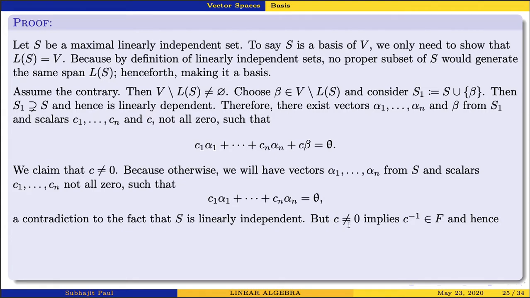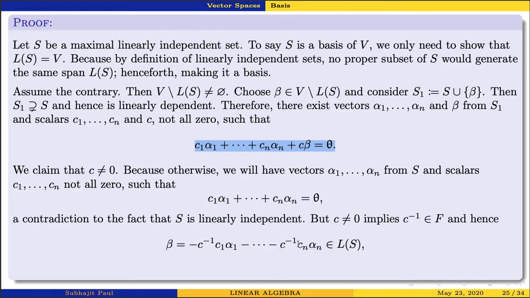But C not equal to 0 implies C inverse exists in the field F, and hence we can write this relation as beta equals minus C inverse C1 alpha 1 minus C inverse C2 alpha 2 up to minus C inverse Cn alpha n.